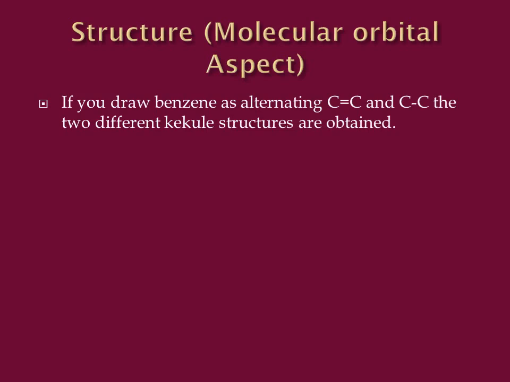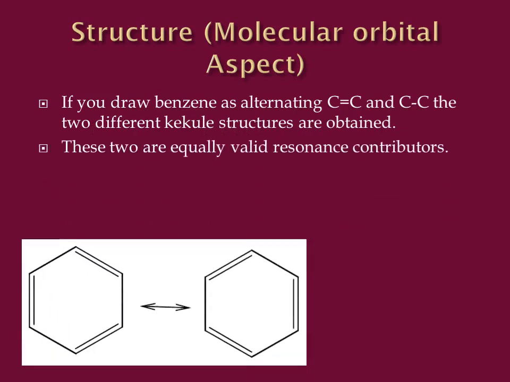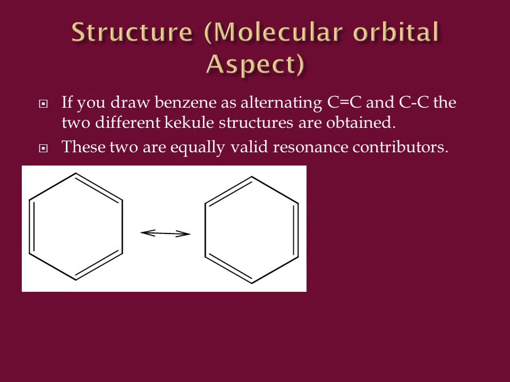So, a cyclic structure was suggested. If we try to draw benzene as alternating double bonds and single bonds, two different Kekulé structures are obtained, a name based on the scientist who suggested C6H6 in a cyclic way.